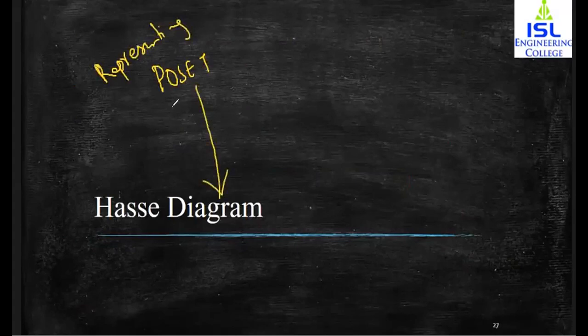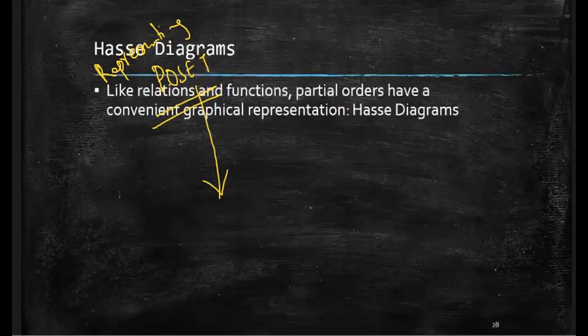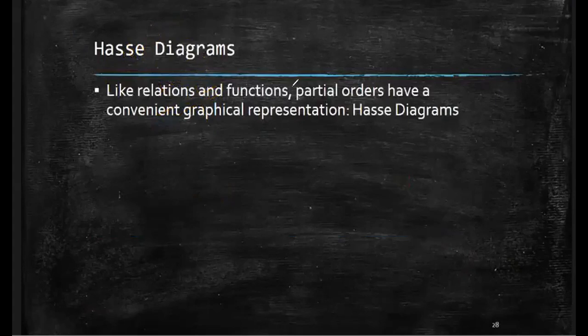The graphical representation of a poset is done by a Hasse diagram. Like relations and functions, partial orders have a convenient graphical representation which is known by the term Hasse diagram.